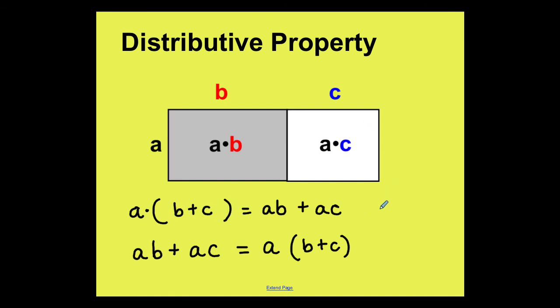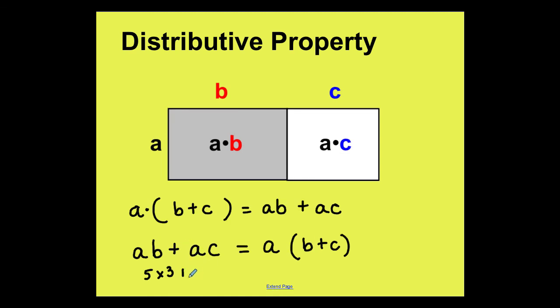Let me give you an example here. Say I have 5 times 3 plus 5 times 4. And let me use the multiplication dot here again just to avoid confusion with symbols.